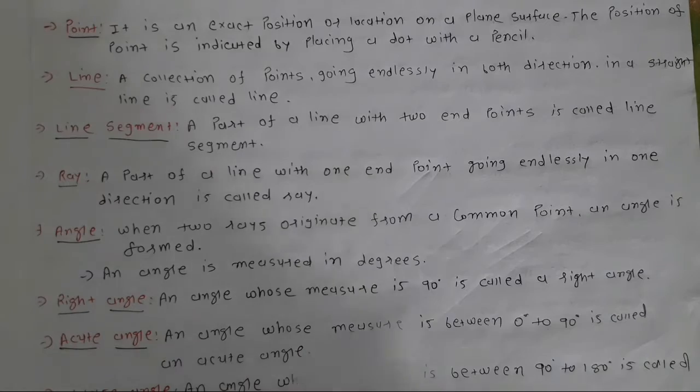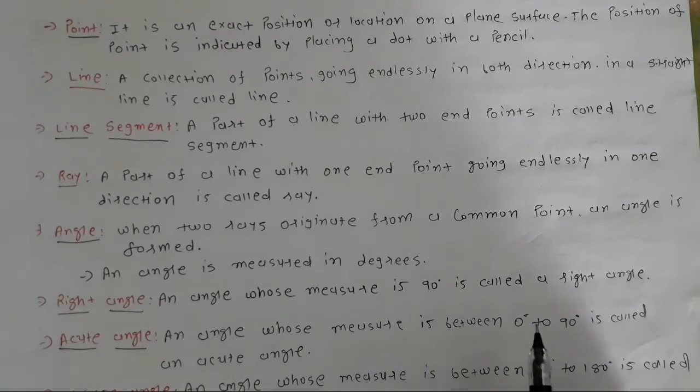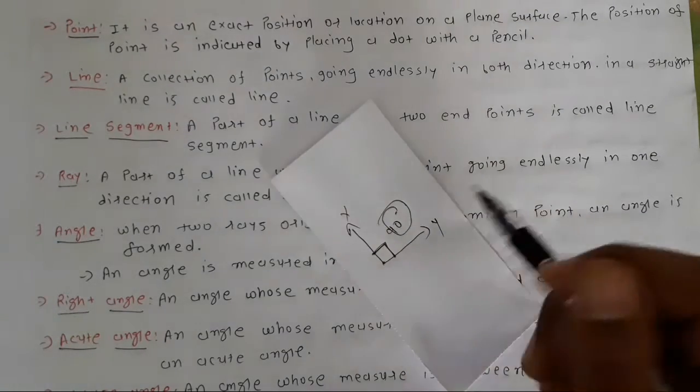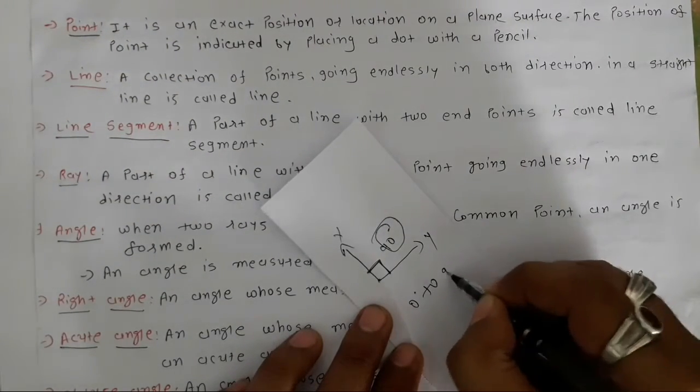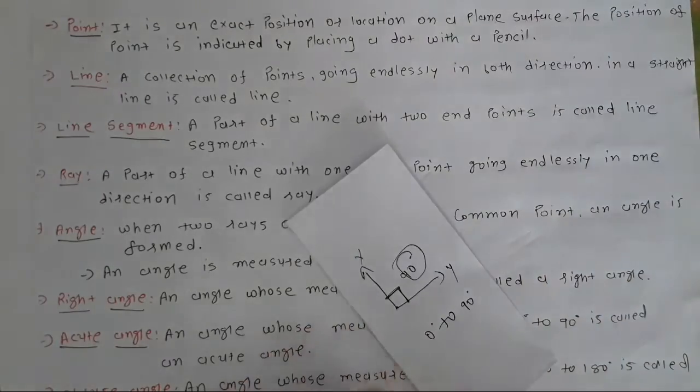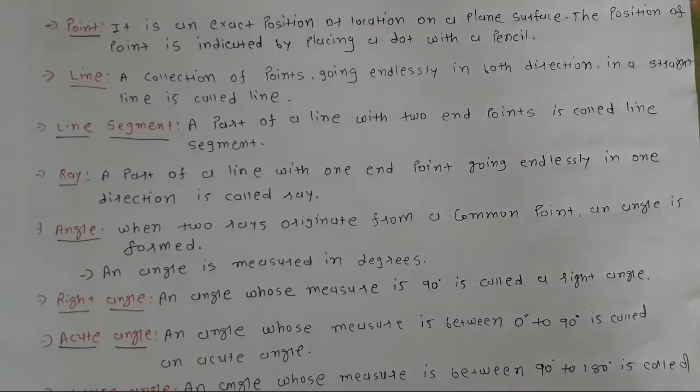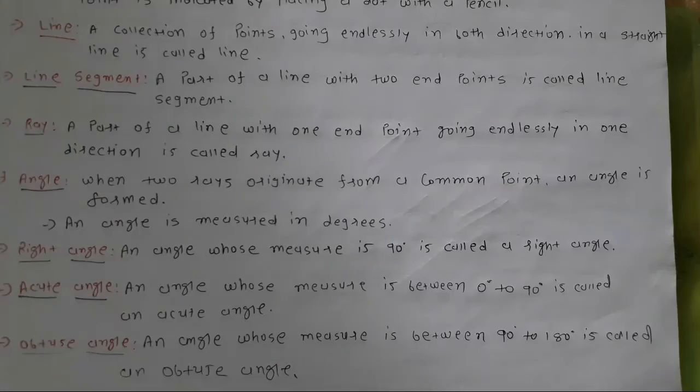Now the next one is the acute angle. What is an acute angle? An angle whose measure is between 0 degrees and 90 degrees is called an acute angle. Now the next one is the obtuse angle. What is an obtuse angle?